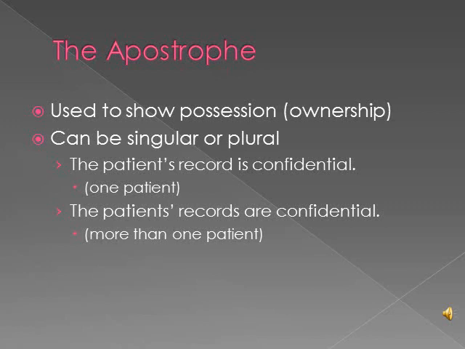The patients' records are confidential. Here we're talking about more than one patient, so it's S apostrophe. We have to pluralize it first and then put the apostrophe because it is the records of the patients. It's possessive. And here your clue word is "is" or "are." That's how you know if it's one or more.